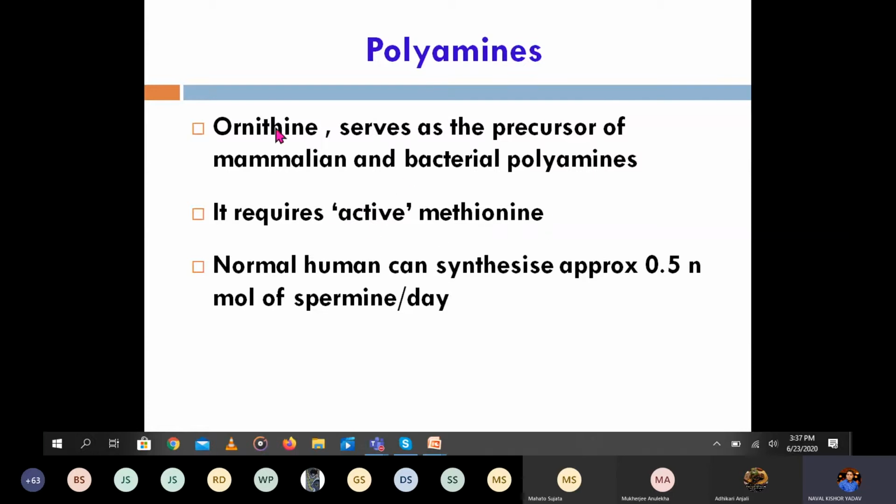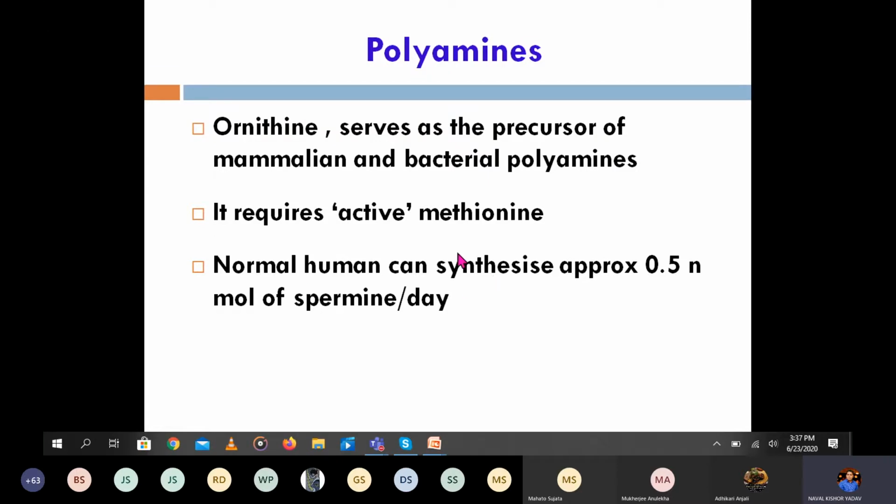So ornithine plus methionine are required, but ornithine is the precursor from which polyamines are synthesized. For the synthesis it also requires the active methionine, that is S-adenosyl methionine.